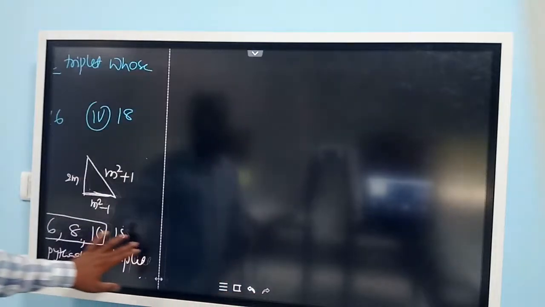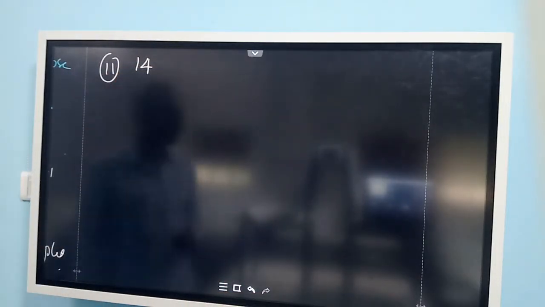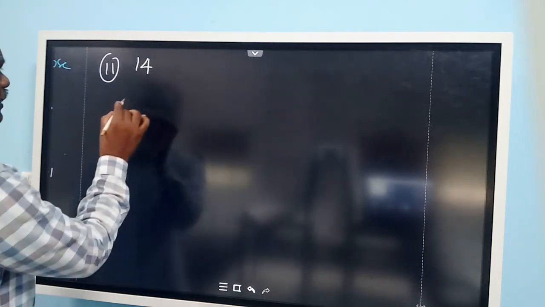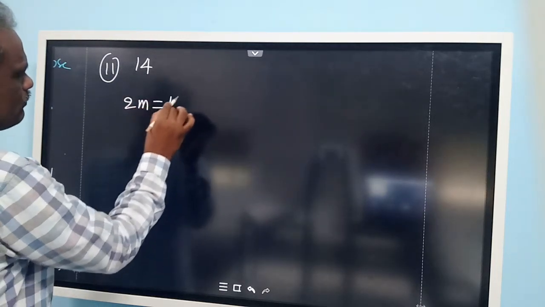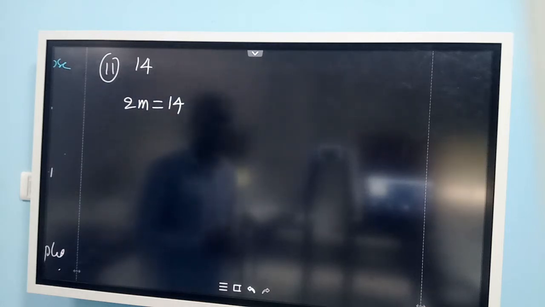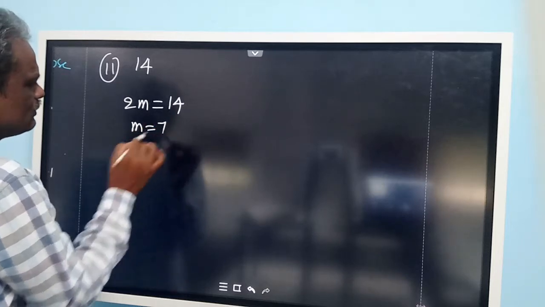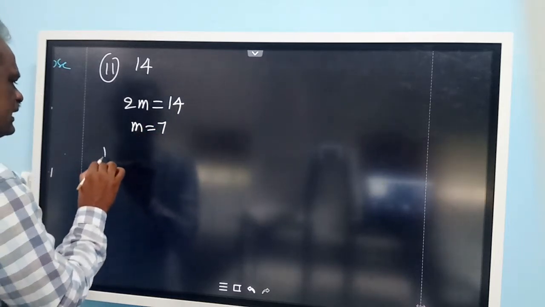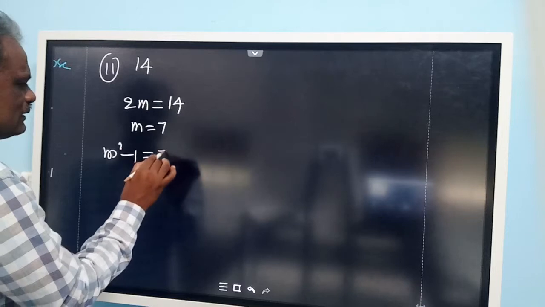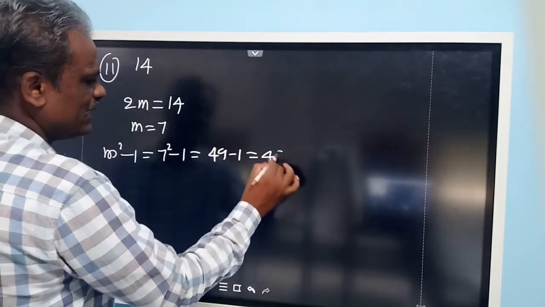Now let's go to the second question, where one member is 14. We take 2m equal to 14. If you take m squared minus 1 as the given number, you will not get an integer, so we take 2m equal to 14 only. So m is equal to 7. M squared minus 1 is 49 minus 1, which is 48.